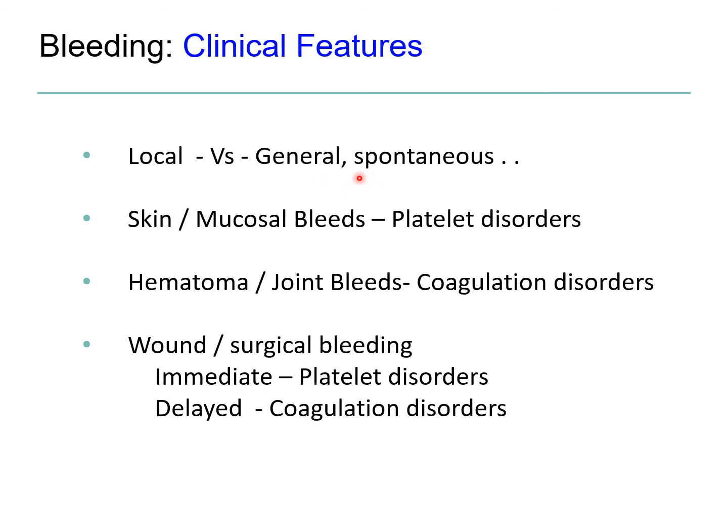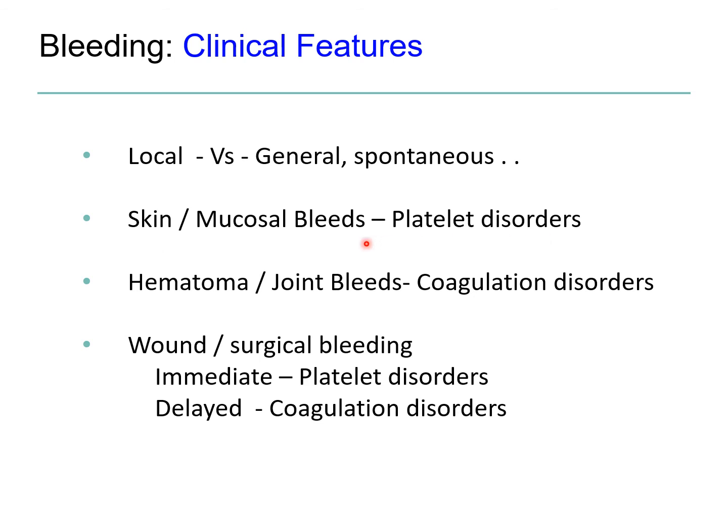Also, bleeding could be spontaneous, that it occurs without any obvious trauma or injury, or it could follow injury or trauma or surgical interventions. Obviously, you would expect bleeding even in a healthy patient, but we're talking about more severe bleeding, which is difficult to control with routine measures.